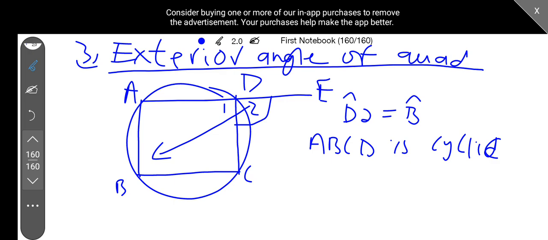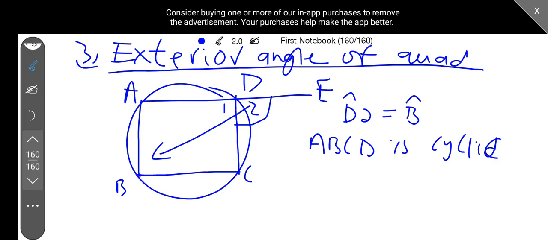And make sure you are able to do this. We have 3 conditions. The first condition: opposite angles of a quad add up to 180. If opposite angles of a quad add up to 180, therefore we can conclude that it's a cyclic quad.